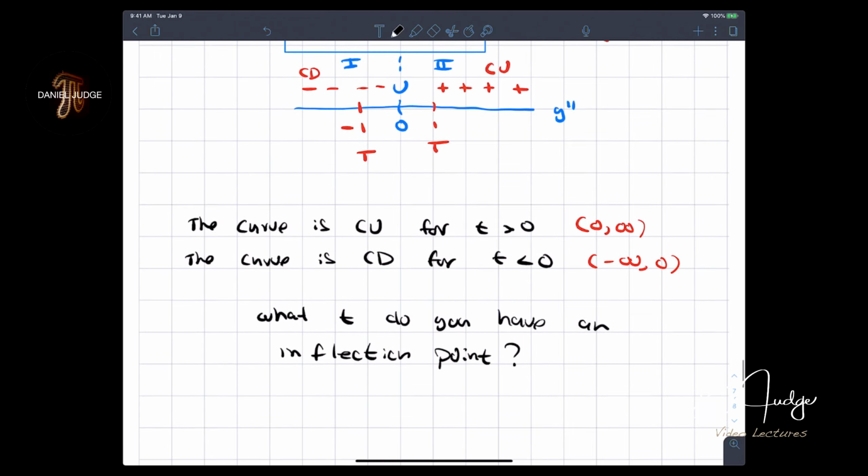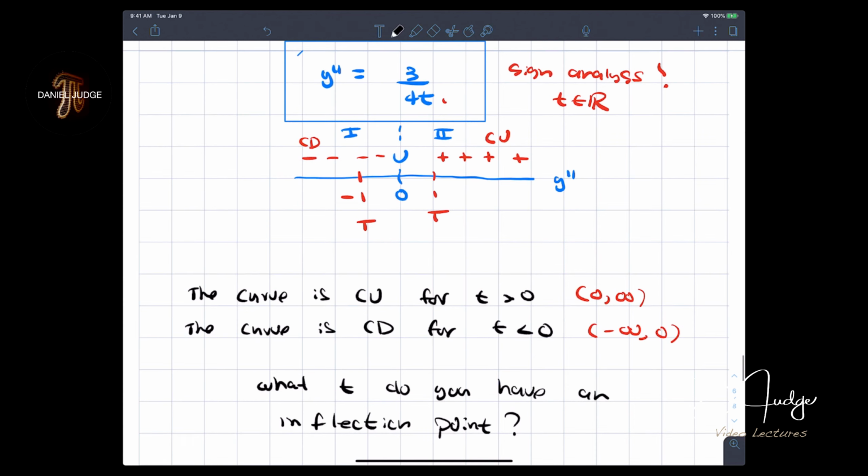For what t value? That's the question. You're looking at this information. This information tells you everything. For what t do you have an inflection point? Where do you change concavity?